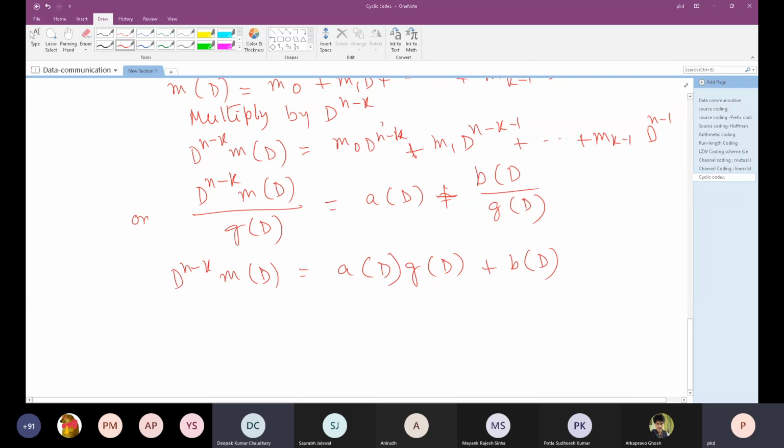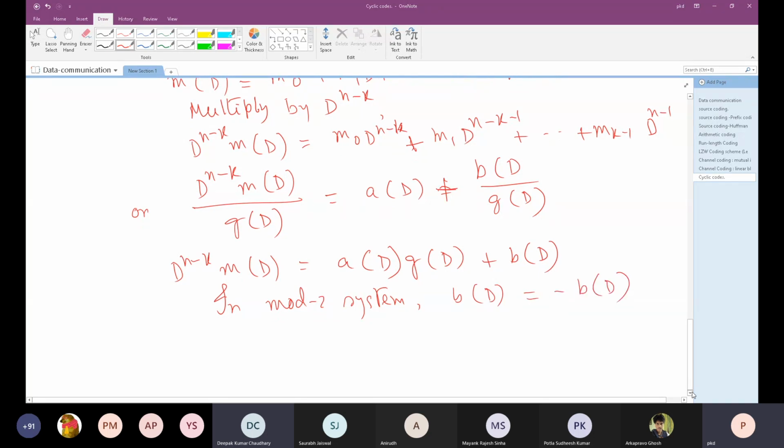Now in modulo 2 arithmetic, B(D) equals minus B(D).